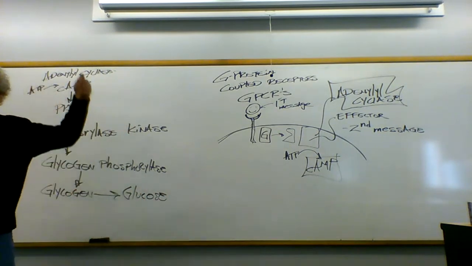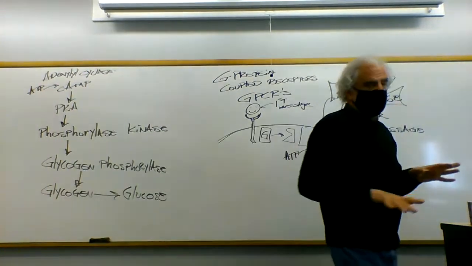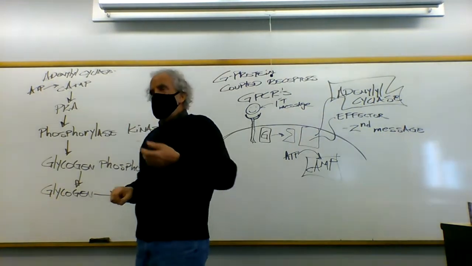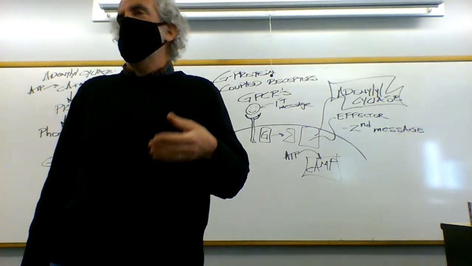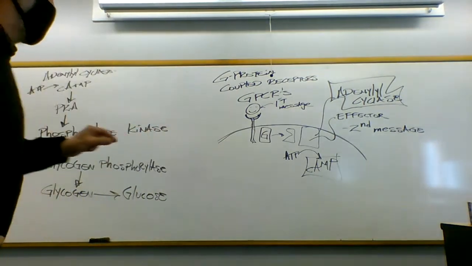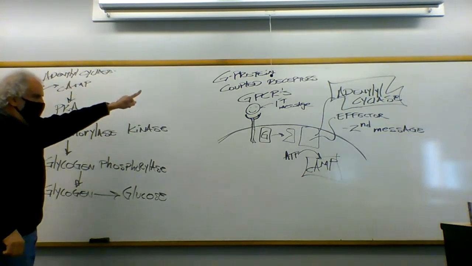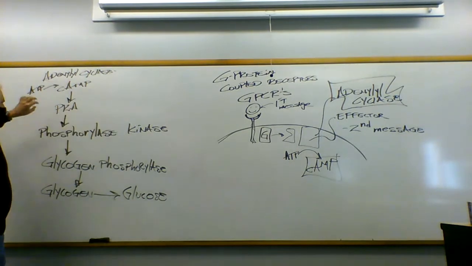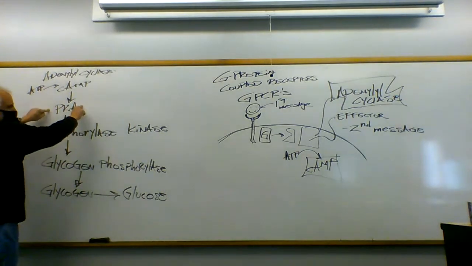Now, we've drawn this as a linear flow, but in fact, it is a massive explosion. Let's think about it from this perspective. One adenylyl cyclase, let's just say, can start churning out 20 cyclic AMPs per second. I'm just throwing the numbers out. Each one of those cyclic AMPs is going to interact with its own PKA. So now we went from one hormone, one receptor, one G protein, one effector, to 20 cyclic AMP. 20 cyclic AMPs are activating 20 PKAs.